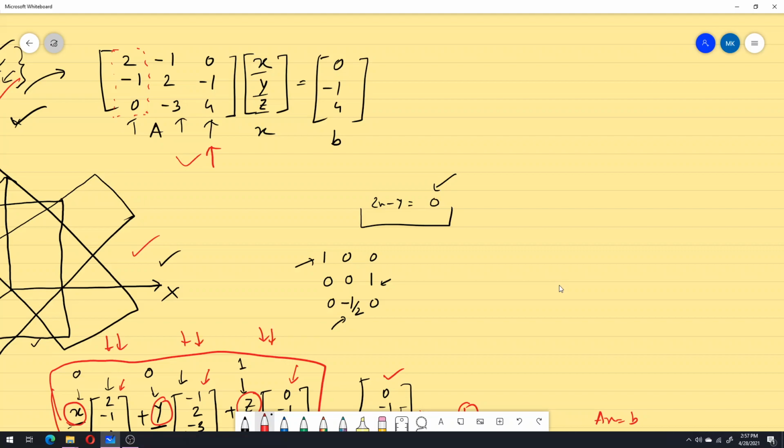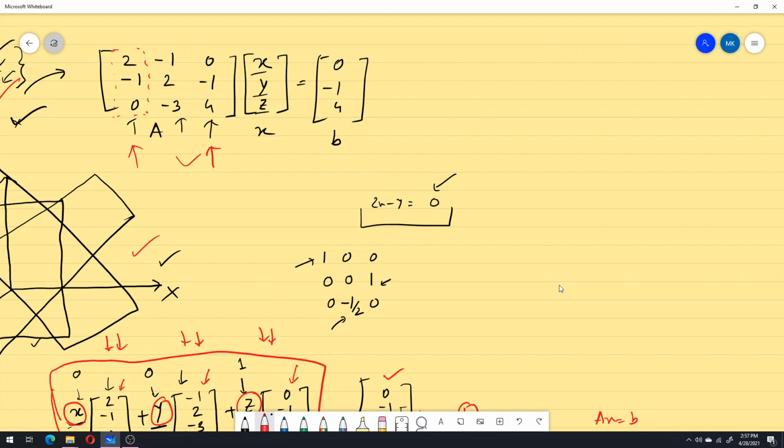That means this matrix is invertible. This is not a singular matrix. This is a non-singular matrix. That means it has the power to explore through the whole 3D space.